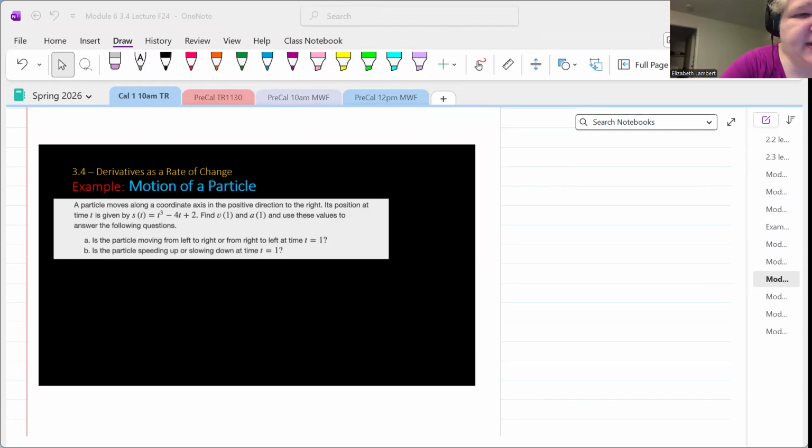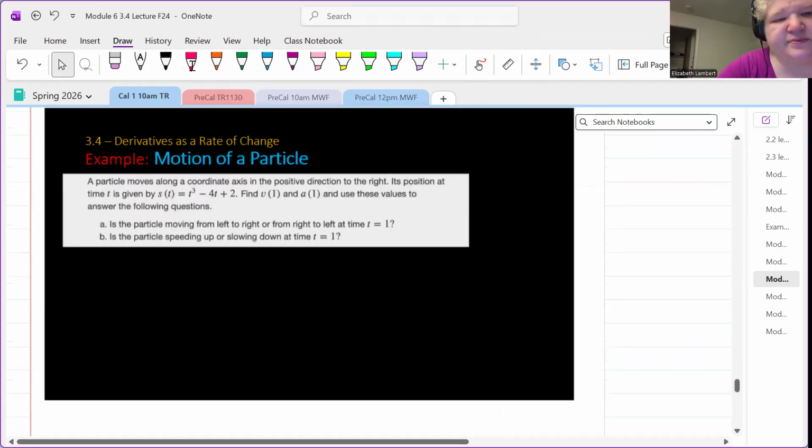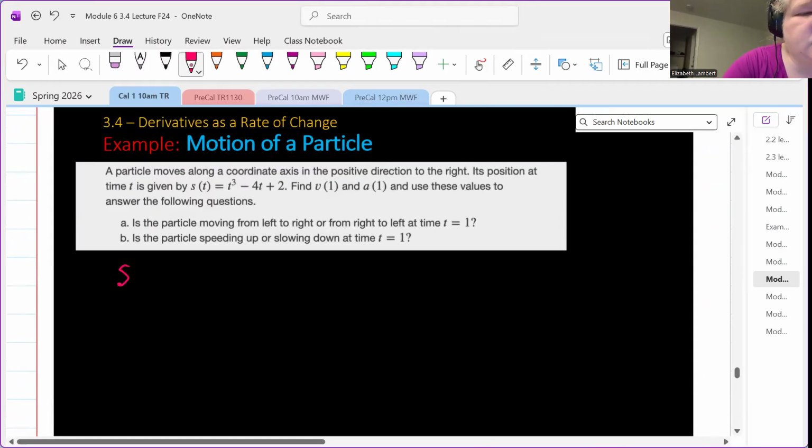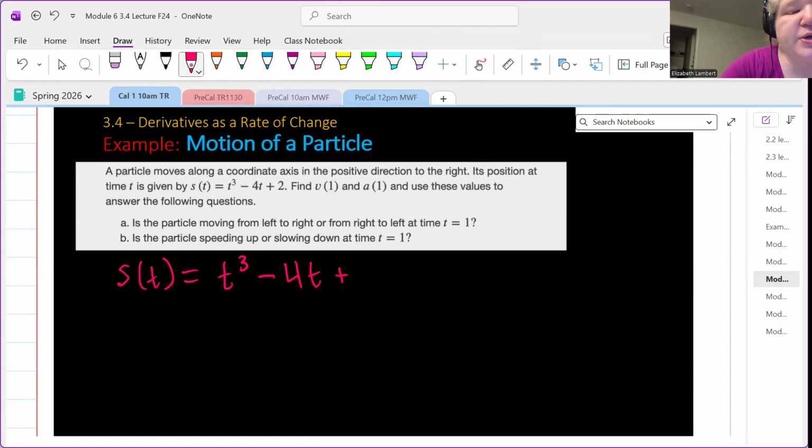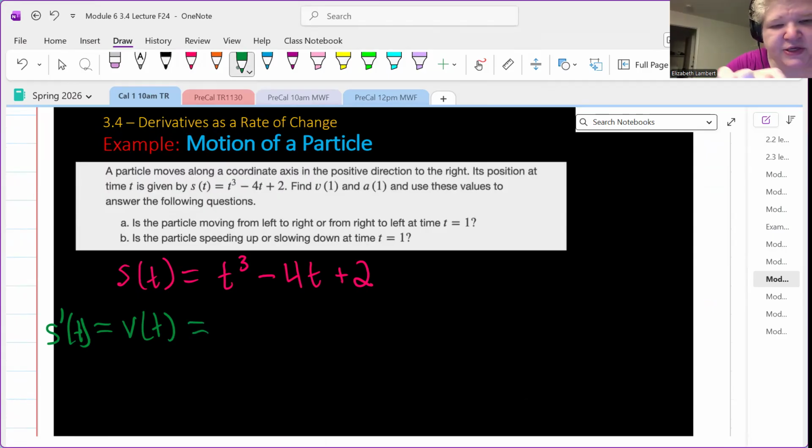So let's just start finding our functions. So I'm just going to recopy our function down. So we have t cubed minus 4t plus 2. So this won't be too bad. So our velocity function first, which is the first derivative of the position function. So t cubed, derivative of that using our power rule, bring the power down, 3 times t, and then instead of the third power, it's now 1 less, so we have 3t squared.